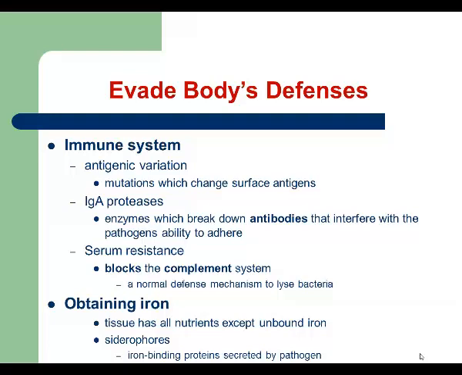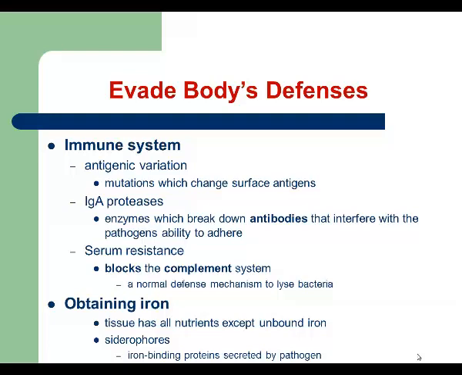So how do pathogens avoid this third line of defense? The immune system recognizes molecules on the surface of microorganisms as antigens, and after recognition, in a few days our immune system produces antibodies that are very specific for each specific antigen.